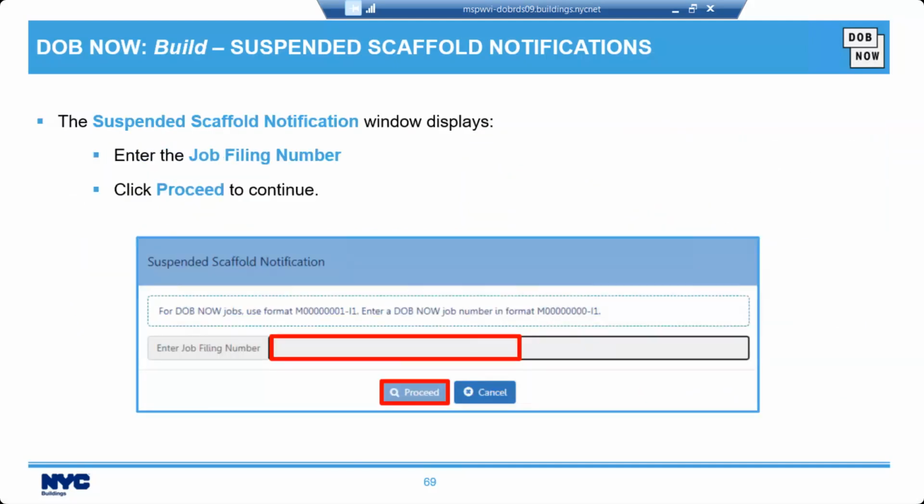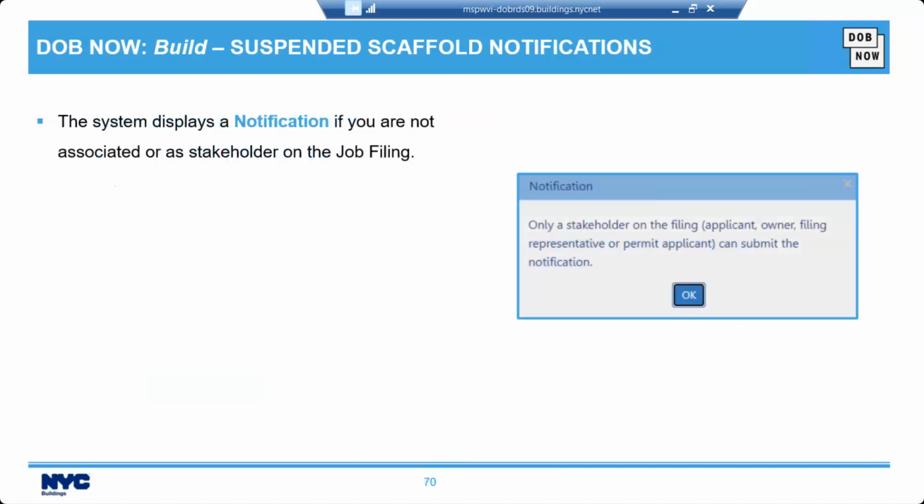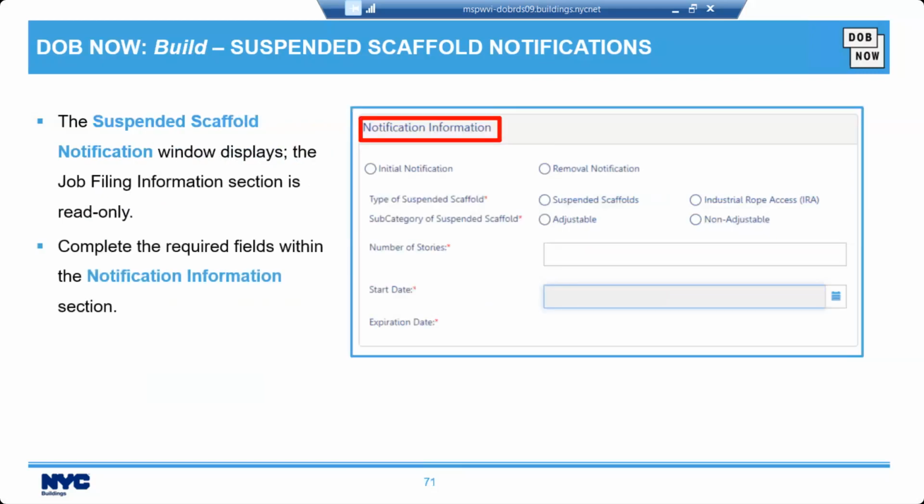Now the suspended scaffold notification window will display. We'll enter the job filing number and then click proceed to continue. The system's going to display a notification that we are not associated or a stakeholder on the job filing. The suspended scaffold notification window displays the job filing information section as read only.